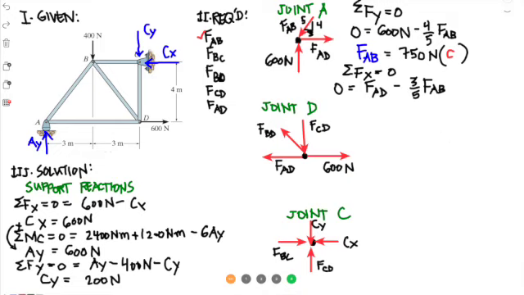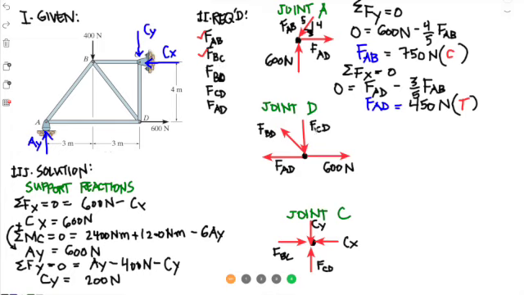So FAD will just be equal to 450 Newtons, and that is tensile. It tends to elongate joint A, so it's tensile. Okay, so 2 forces down, 3 to go.